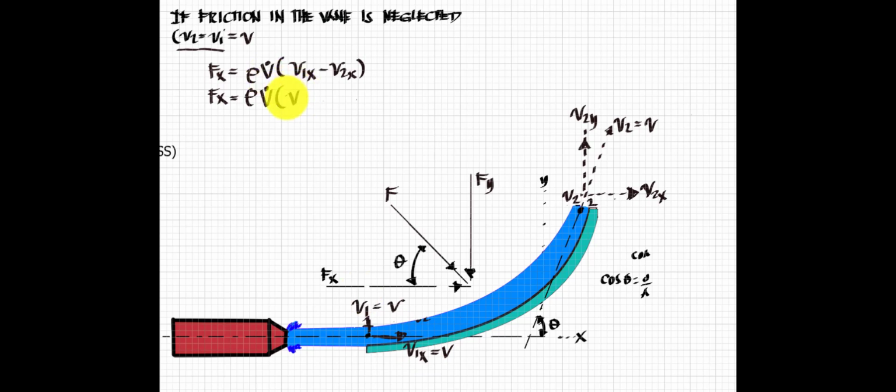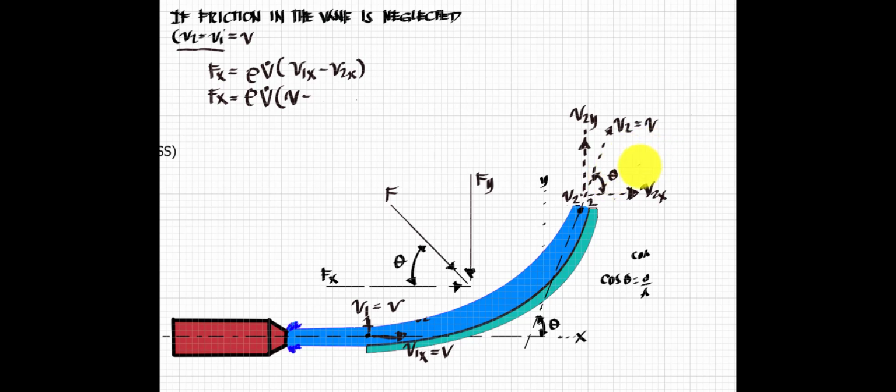So we have here your velocity minus, now coming to the value of V sub 2, which is equal to V. What we don't have is the value of V sub 2 at the x component. Since we have here the angle, it's the same angle that we'll be using here. So we have your theta here.